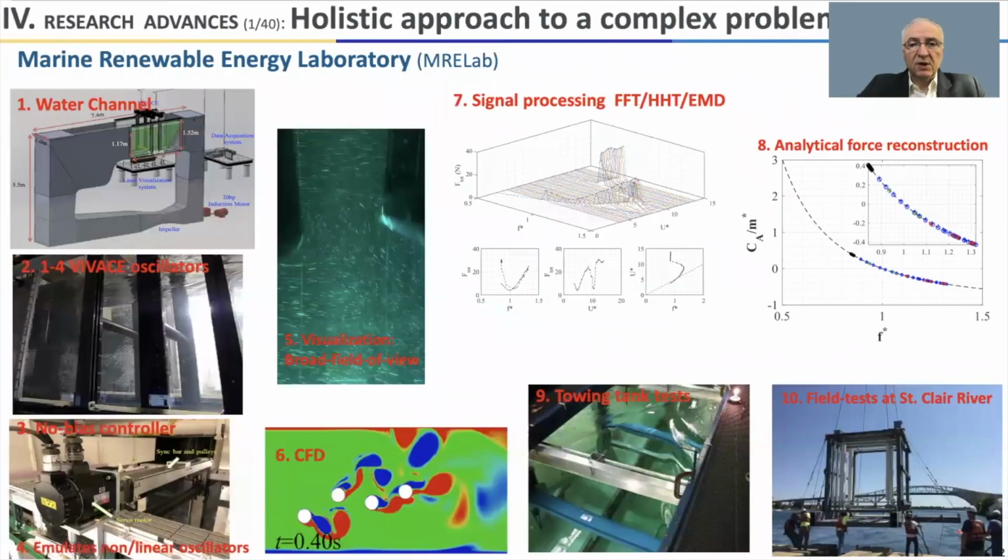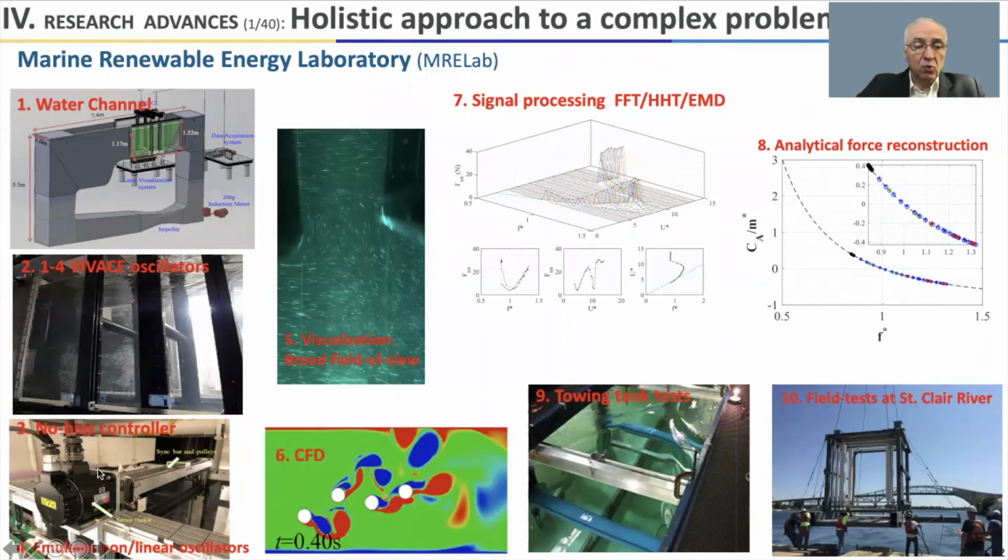Most important, this problem is very challenging, and like most modern hydrodynamic problems, we need a holistic approach to tackle it. We need different approaches in order to get complementary information. So we conduct experiments in our recirculating channel, which is pretty large. We have numerous oscillators. We typically use 1 to 4 oscillators.